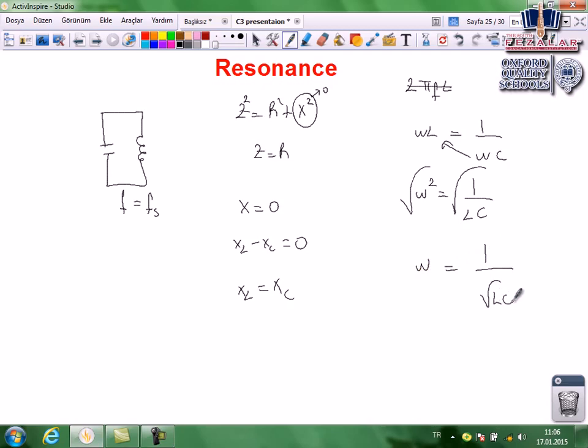We can use this equation, XL equals XC, if there is resonance, meaning the frequency of the oscillator equals the frequency of the circuit. That means this frequency is the resonance frequency. And since omega equals 2 pi F, it can be written as FR equals 1 over 2 pi root of LC, where the resonance frequency depends on the coefficient of self-induction of the coil and the capacitance of the capacitor.